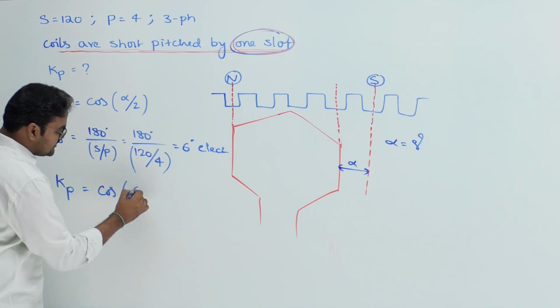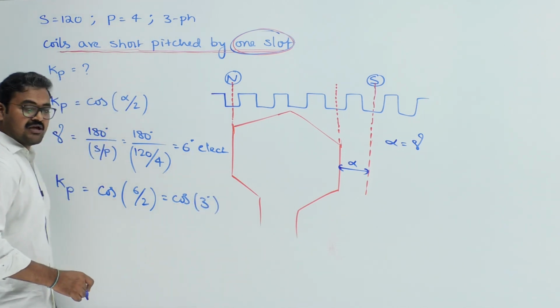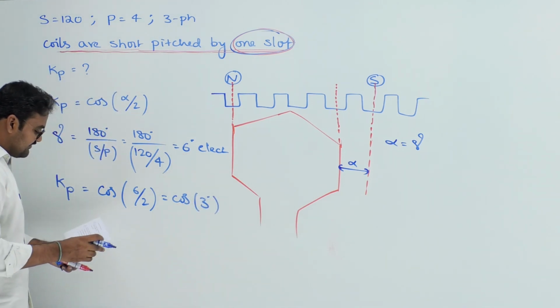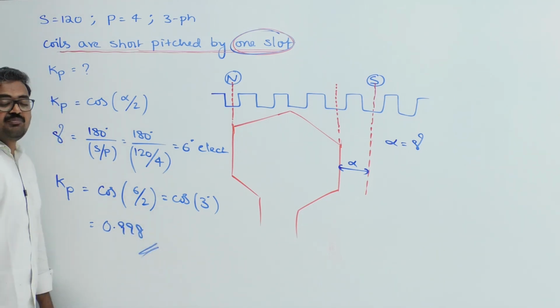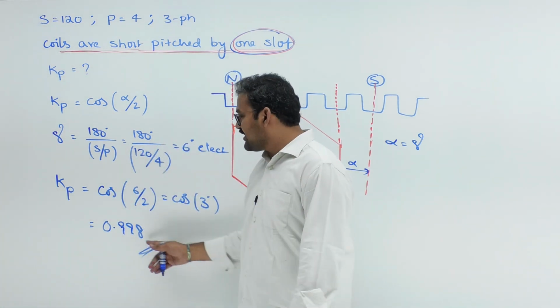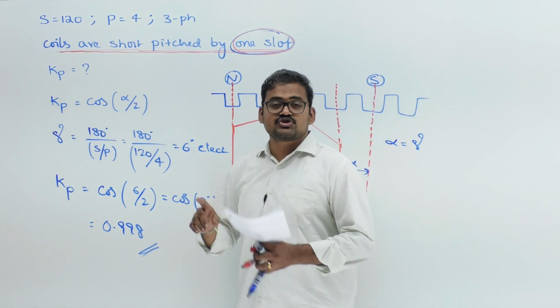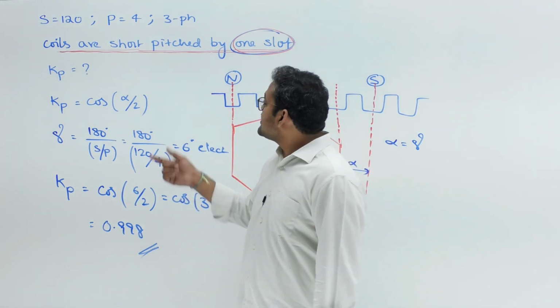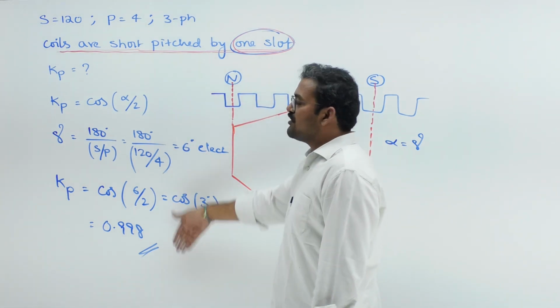So cos 6 degrees by 2, that is equal to cos 3 degrees. Use a calculator. You will get the value 0.998. Okay. Pitch factor is always less than 1 for short pitch coils. Okay, it is 0.998. So remember, always in the questions, short pitch angle may not be given. Sometimes the short pitch may be given in terms of slots. You need to solve like this.